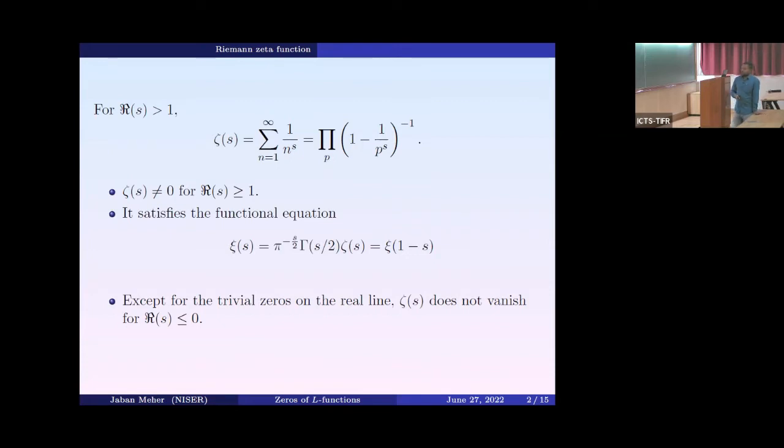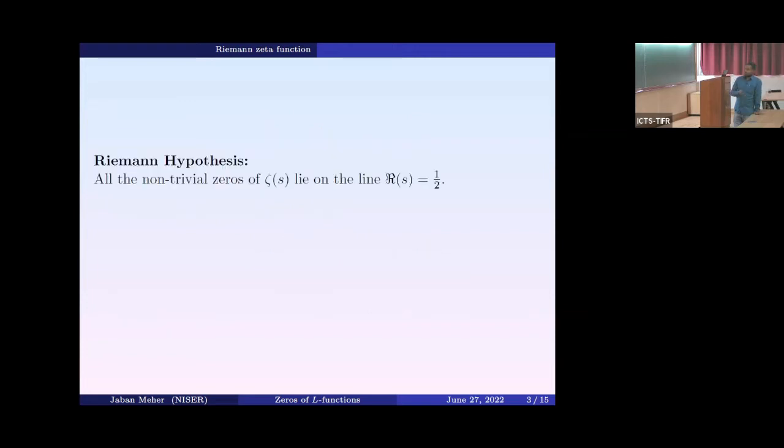So all the remaining zeros belong in the critical strip. And the Riemann hypothesis, as everybody knows, says that all the zeros should lie on real part of s equal to half.